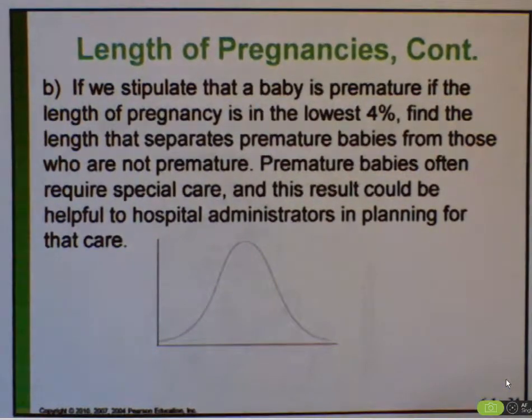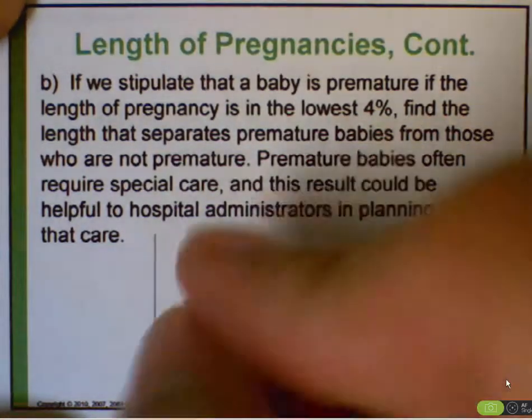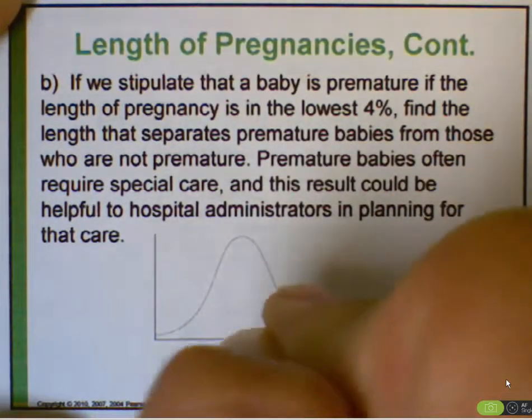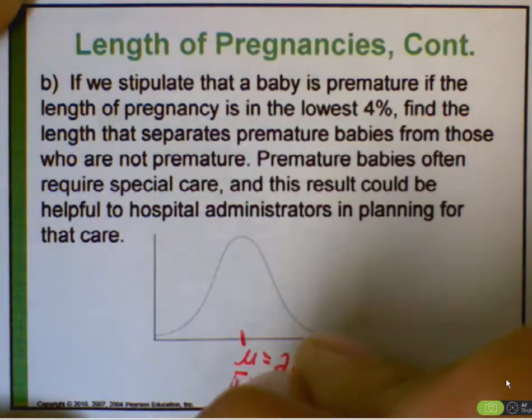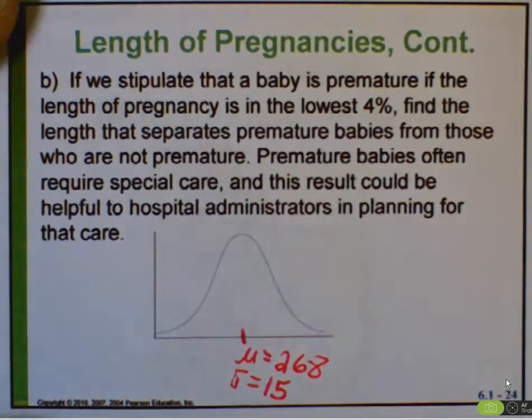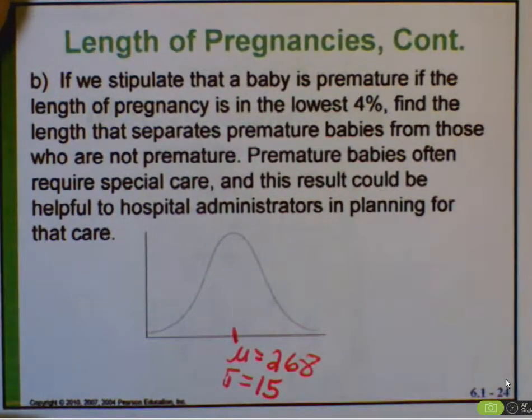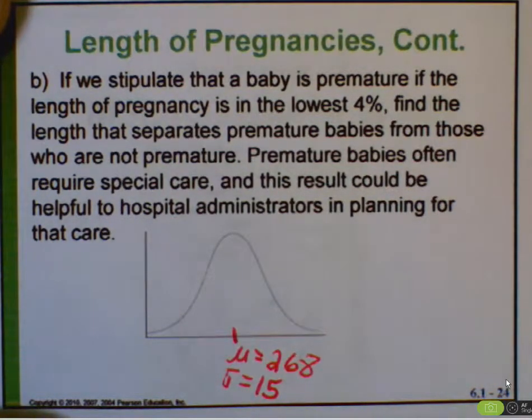One other application of that same information about lengths of pregnancies, the mean is still 268 days and the standard deviation is 15 days. But this has to do with the classification of premature babies. If we stipulate that a baby is premature if the length of pregnancy is in the lowest 4%, find the length that separates premature babies from those who are not premature.